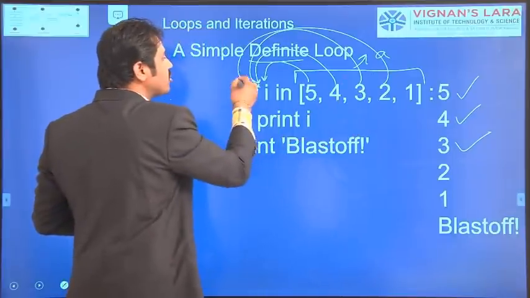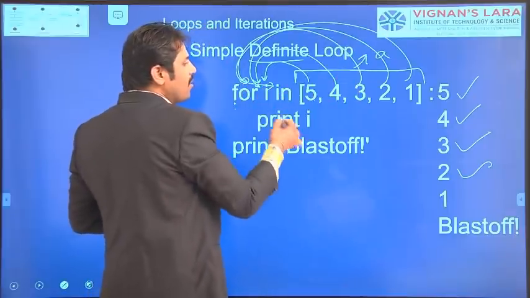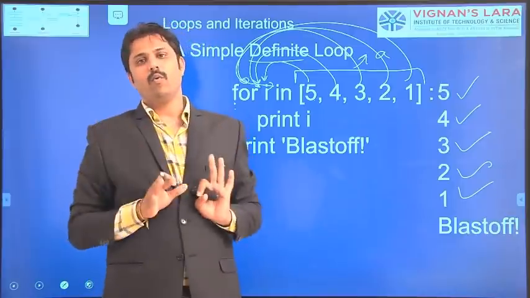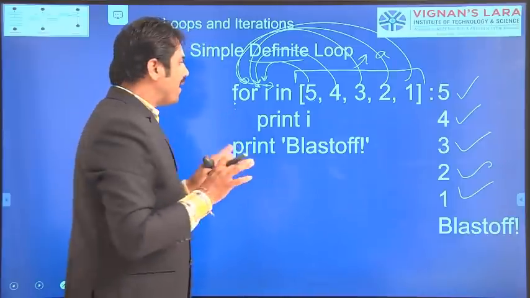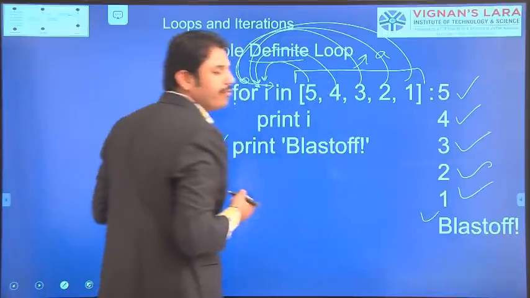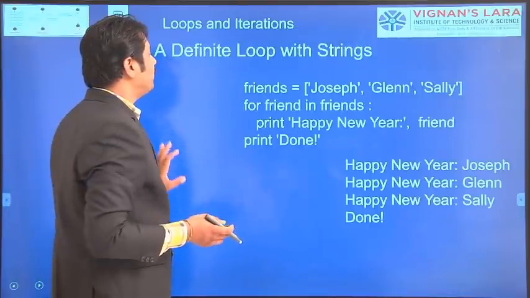Next, 2 is stored and printed. At last, 1. Then the for loop is over. So the for loop execution is over, then it executes the next statement, blast off. Okay. So this is the basics of the for loop.